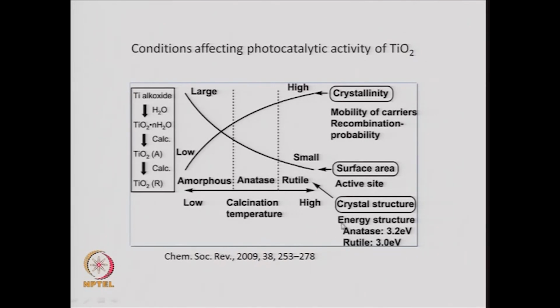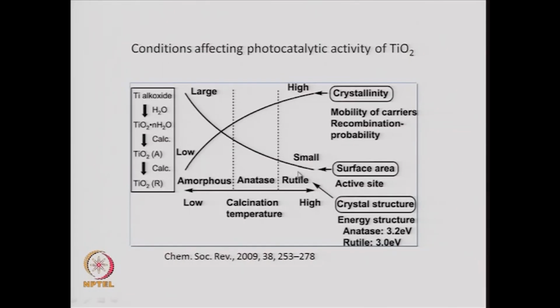And the difference between rutile and anatase is in their band gap: anatase has a band gap of 3.2 electron volts, and rutile has a band gap of 3 electron volts. If you decrease the surface area, the number of active sites also decreases.